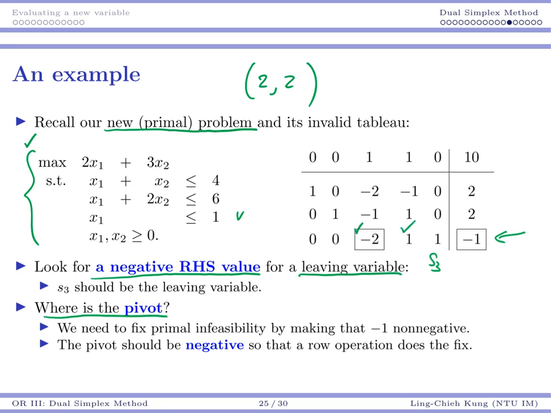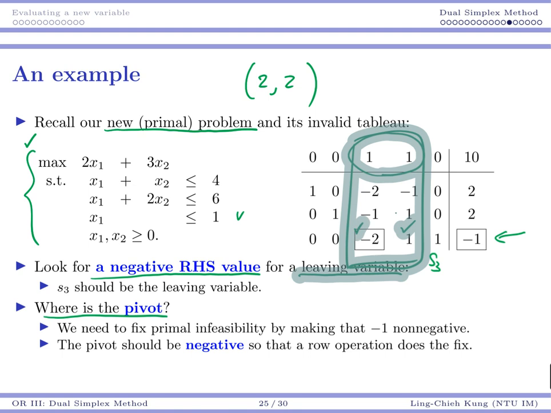So don't forget that when you are doing all these processes, your pivot is always a number that is under your non-basic columns, right? Typically, we are trying to look at non-basic columns. We look at negative reduced cost, and obviously they should be non-basic. So again, here it's the same.